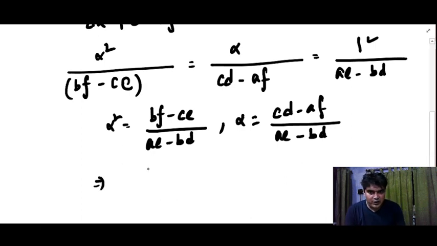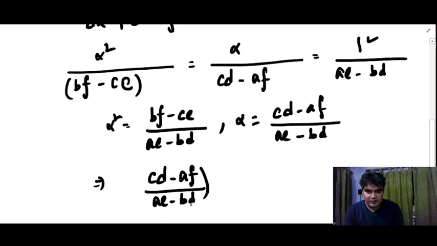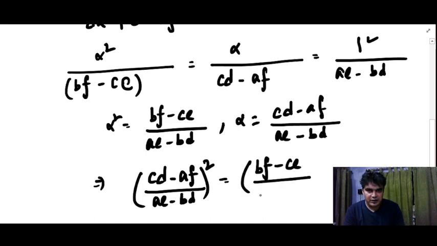So if we square the second and equate to the first, we'll get cd minus af by ae minus bd, whole square, that is equals to bf minus ce by ae minus bd, right?